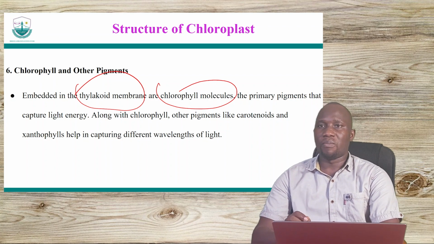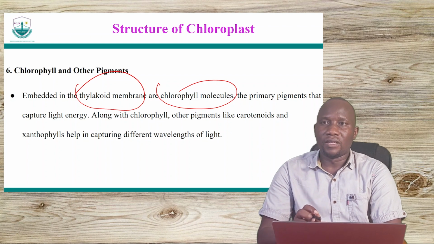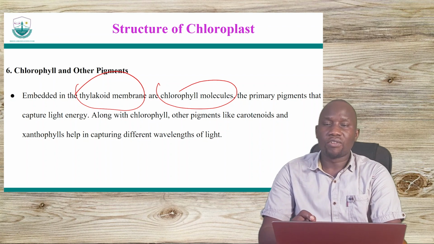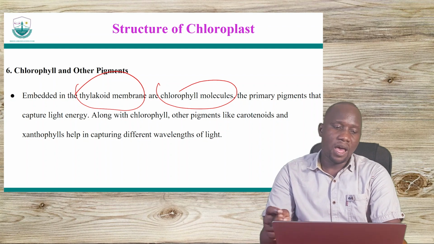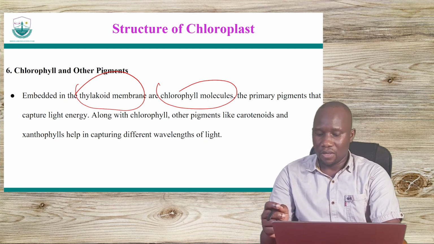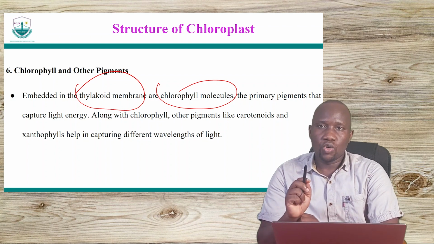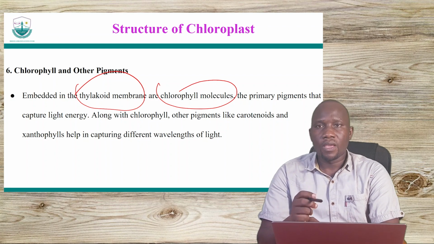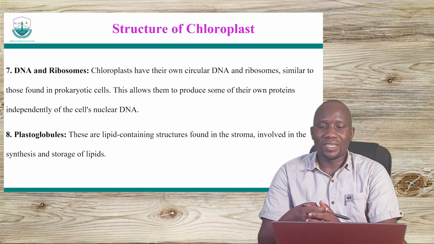So if we ask you about examples of plant pigments, you should be able to mention chlorophyll, the carotenoids, and the xanthophylls. Like the mitochondria, the chloroplasts are also semi-autonomous.